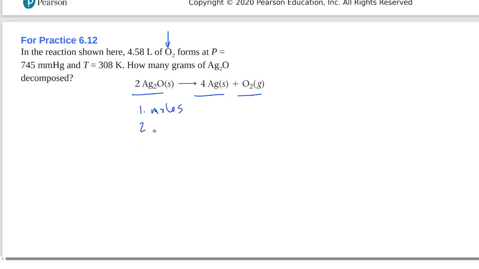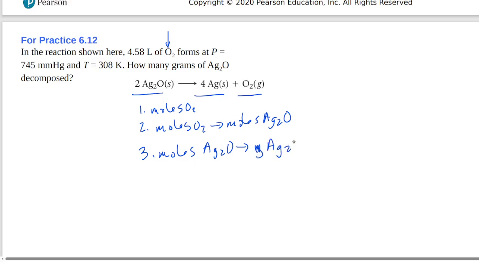Second, we'll use the balanced equation to convert moles of oxygen to moles of silver oxide, and then we'll convert moles of silver oxide to grams of silver oxide. All right, so let's go ahead and get started.